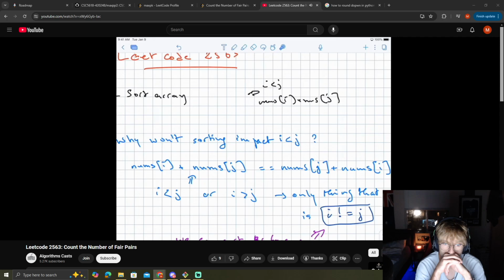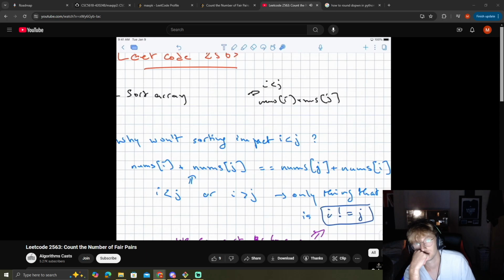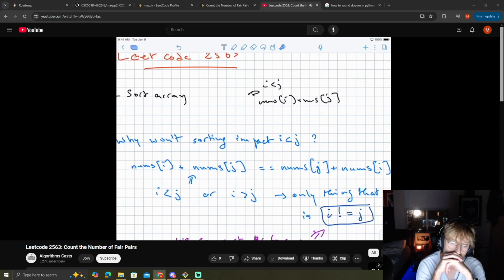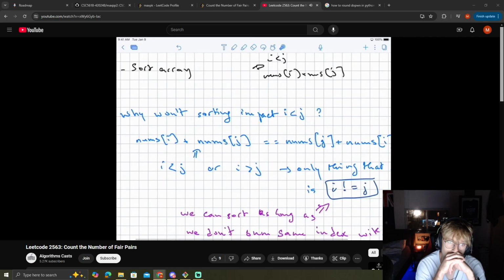All that matters is that they shouldn't be the same index. You can't add the number from the same index, and that's logical, because we want two different numbers as a pair. So sorting won't impact anything, as long as we don't take the same index twice. Okay, so we established that we can sort.